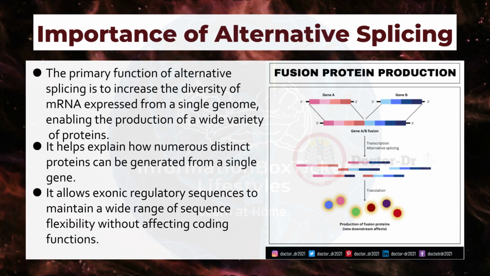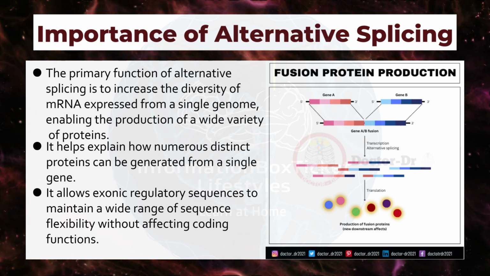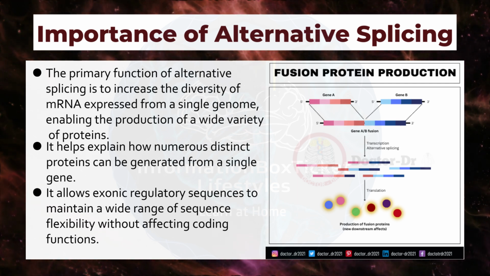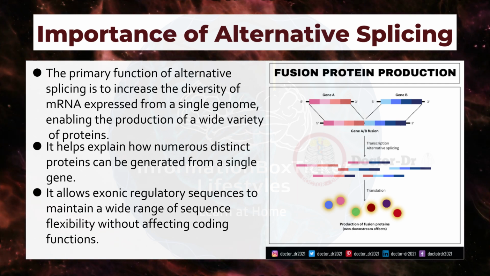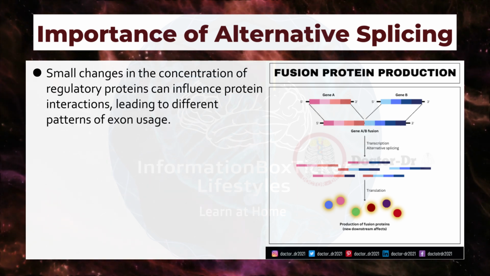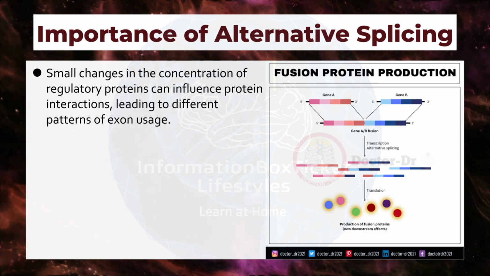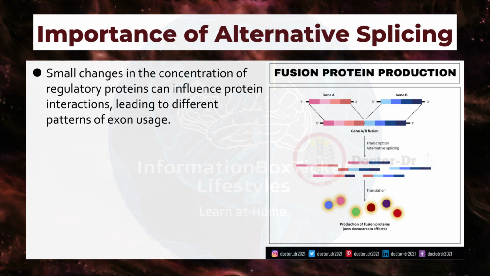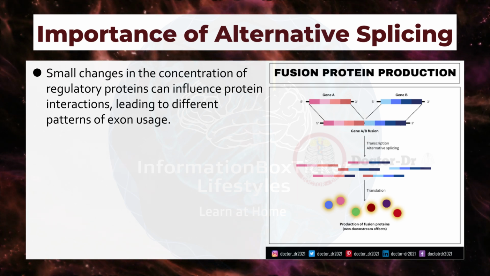It allows exonic regulatory sequences to maintain a wide range of sequence flexibility without affecting coding functions. Small changes in the concentration of regulatory proteins can influence protein interactions, leading to different patterns of exon usage.